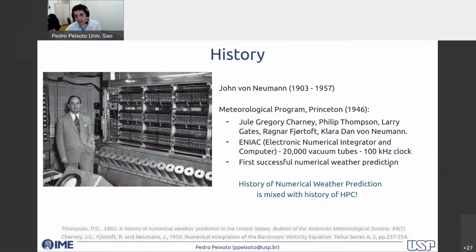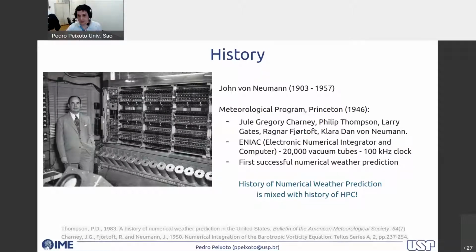And from then up until today, we can see that the history of numerical weather prediction is pretty much mixed with HPC. So when you see a new big computer coming out, sometimes it's related to big weather systems coming out as well. This is happening with the European Center, or the Met Office in the UK, or places like NCAR. It's always tightly related, HPC and numerical weather prediction developments, right?